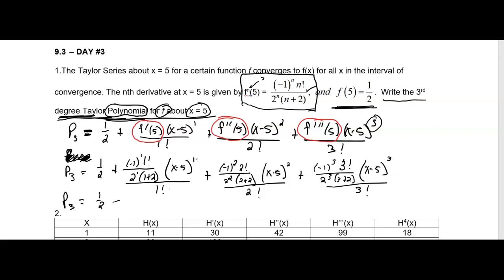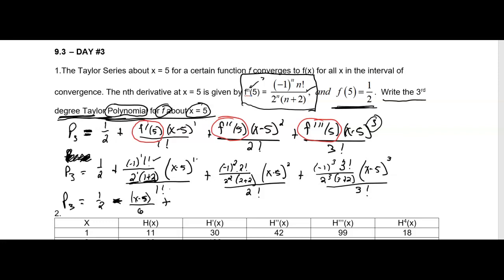This would have been negative because we had the negative 1 to an odd power. And then we would have had a 1 in the numerator, and then x minus 5. And then we would have had a 3 times a 2 in our denominator, so that would be a 6. Signs are now going to change to a positive because we have the negative 1 squared.